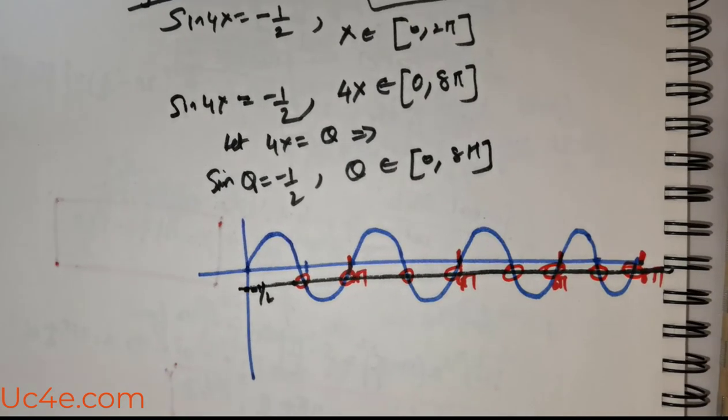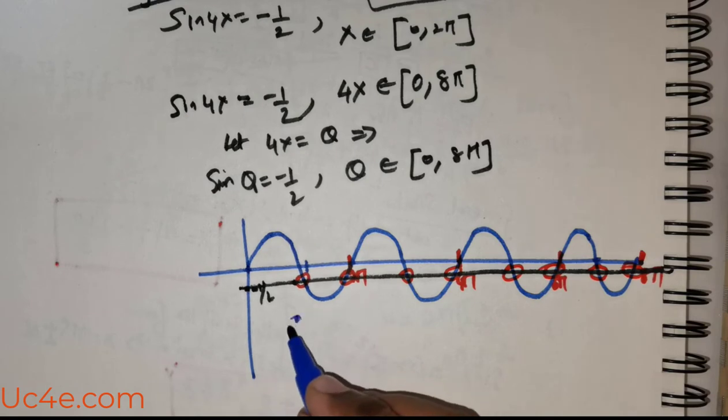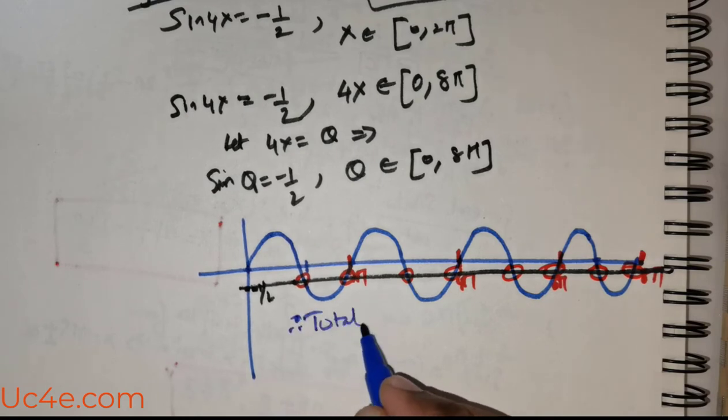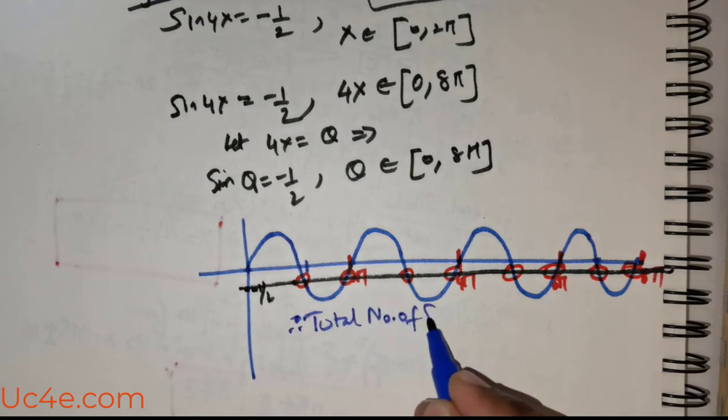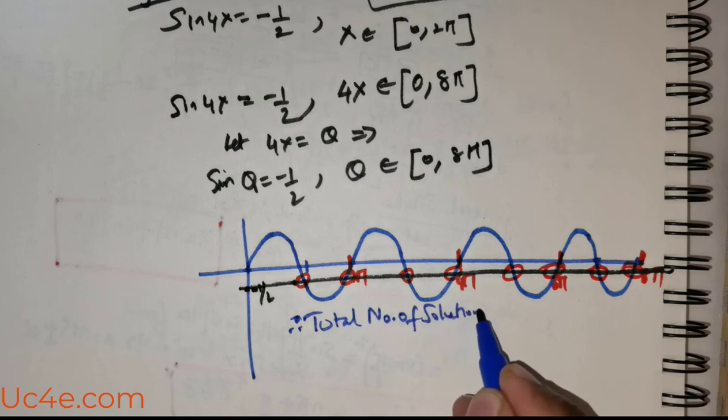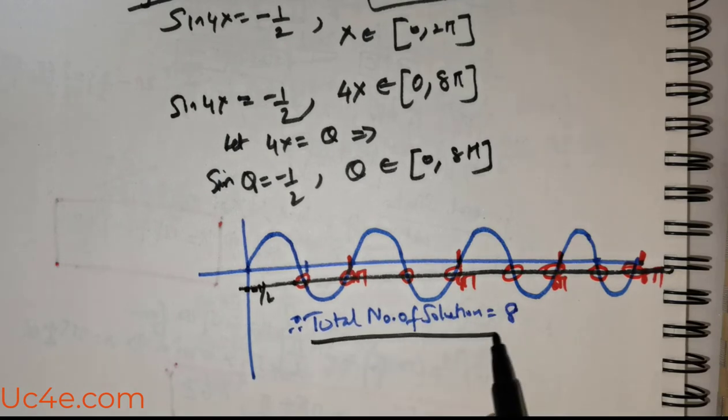So what are the number of solutions? Therefore the total number of solutions is 8. And that is the correct answer. Alright, so we have achieved that because of our understanding of the sin x graph.